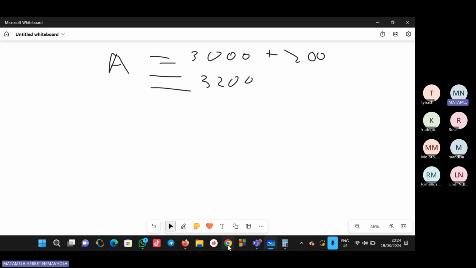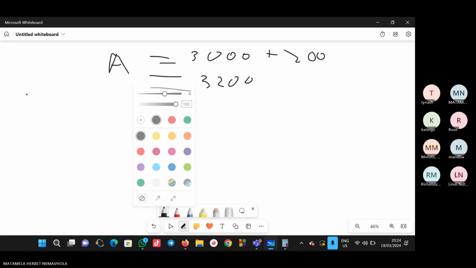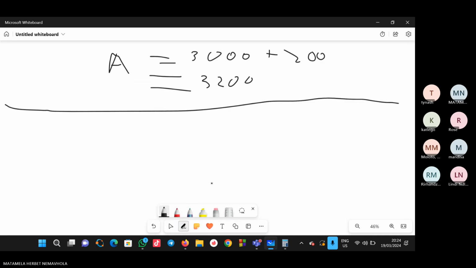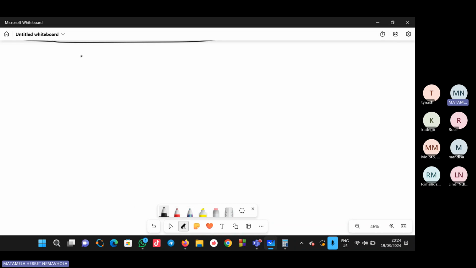So let's proceed with compound interest, sorry, not accumulative. So now we're going to talk about the compound interest.